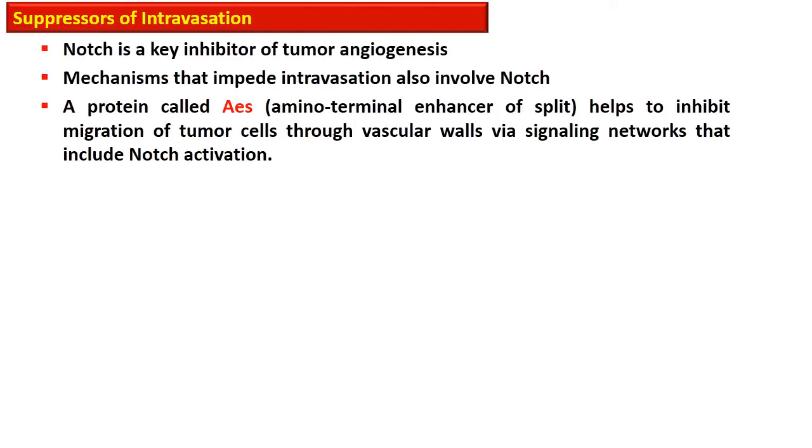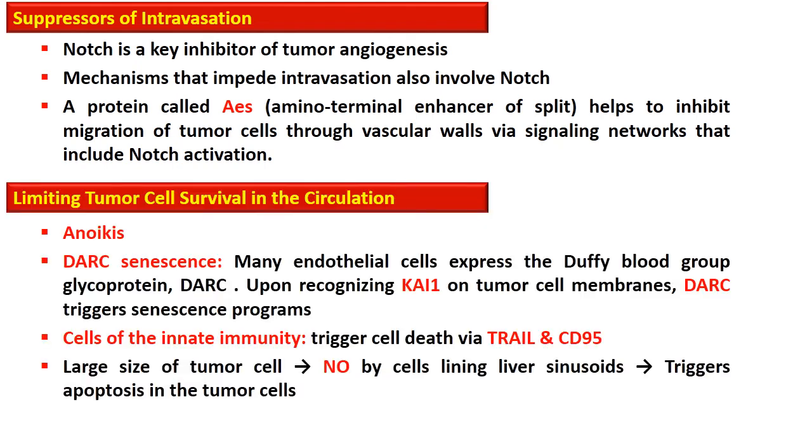The suppressors of intravasation: Notch is a key inhibitor of tumor angiogenesis. The mechanisms that impede intravasation also involve Notch. A protein called amino terminal enhancer of split (AES) helps to inhibit migration of tumor cells through the vascular wall via a signaling network that includes Notch activation.